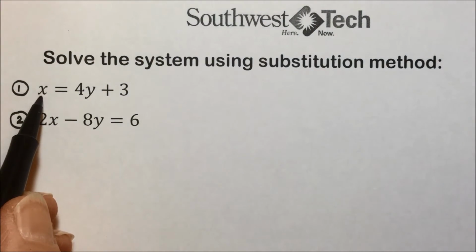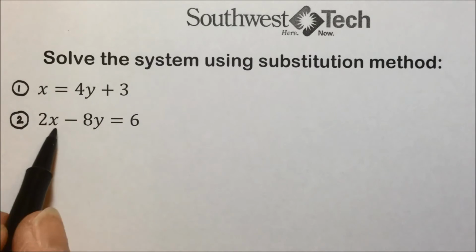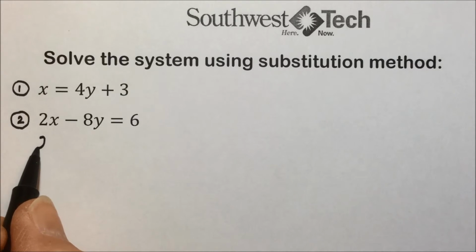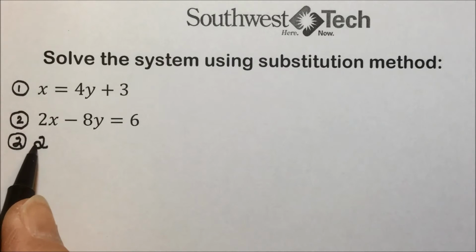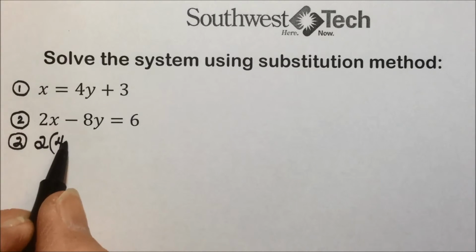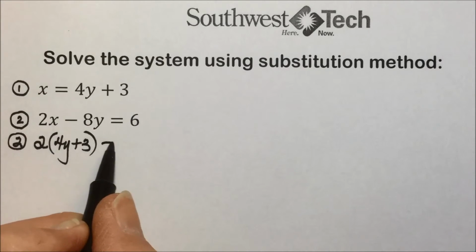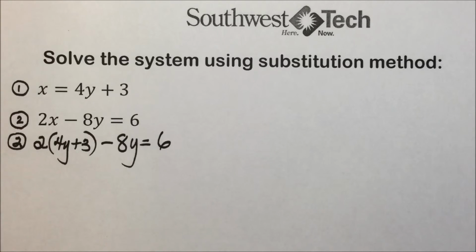I'm going to use the fact that x is equal to 4y plus 3 to swap out x in the second equation. So here's the new version of the second equation. 2 times x, but since x is equal to 4y plus 3, I'm replacing it, and then I write the rest of the second equation.